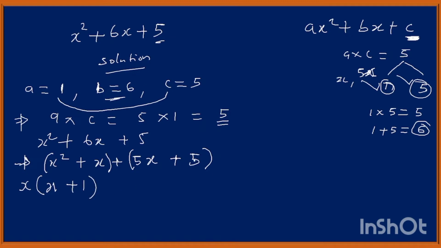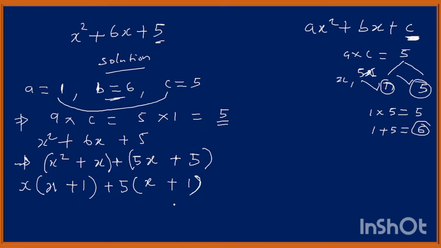We do the same thing here. What is common between 5x and 5? What is common, that if we divide 5x by that number, it will have no remainder, and if we divide 5 by that number, we'll have no remainder? That number is 5. So we have plus 5. If we divide 5x by 5, we have x. We divide 5 by 5, we have plus 1.